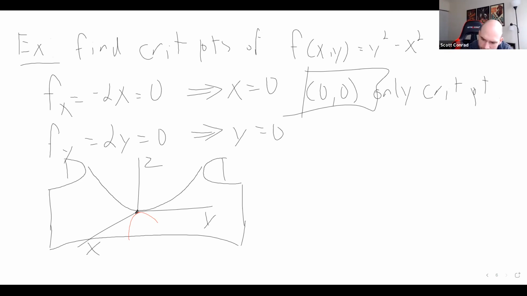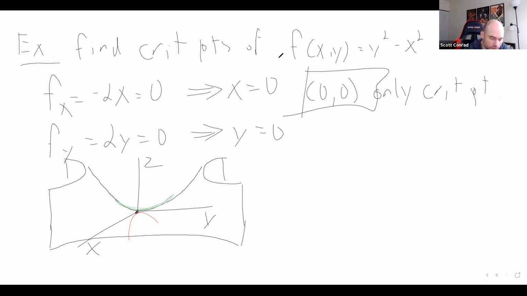What if we go along the y-axis? It's actually the lowest point, right? Our graph goes up as you move along the y-axis. As you move in the y direction, all of the points go up.